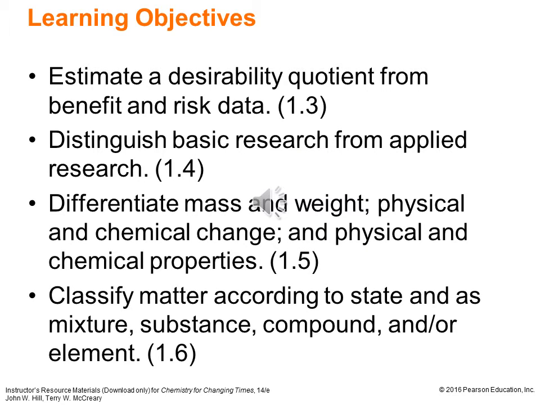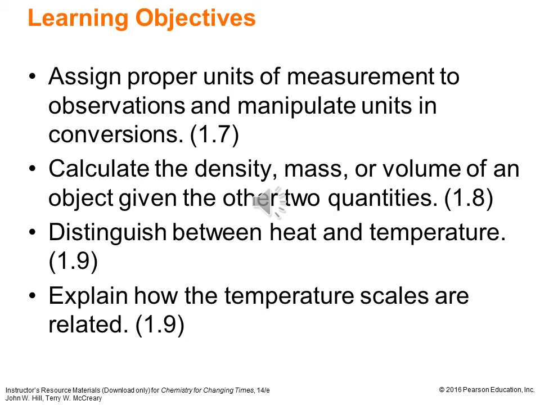Moving right along, we'll also be able to estimate a desirability quotient from benefit and risk data, distinguish basic research from applied research, differentiate mass and weight, physical and chemical change, and physical and chemical properties, classify matter according to state and as mixture, substance, compound, and/or element, assign proper units of measurement to observations and manipulate units and conversions, calculate the density, mass, or volume of an object given the other two quantities, distinguish between heat and temperature, two related although distinct terms, and then explain how the temperature scales are related.